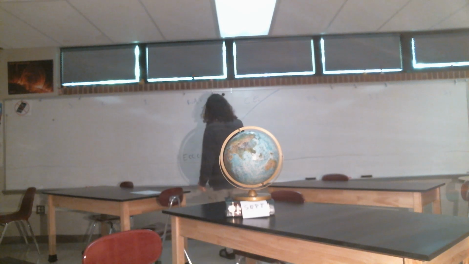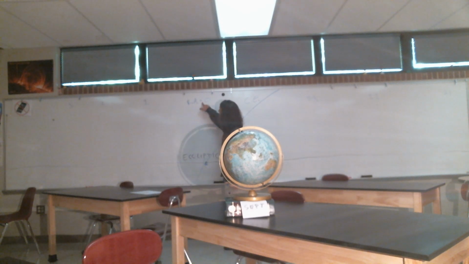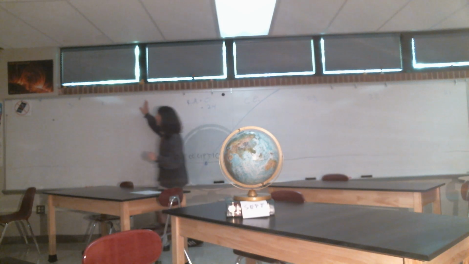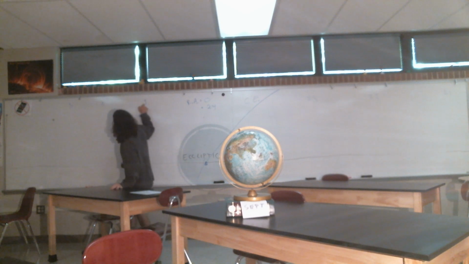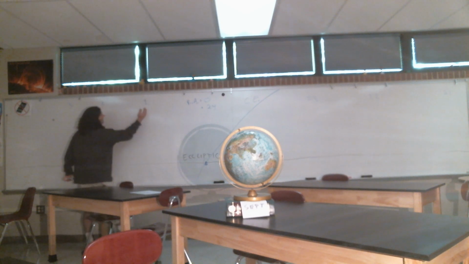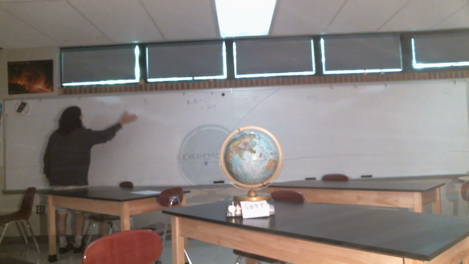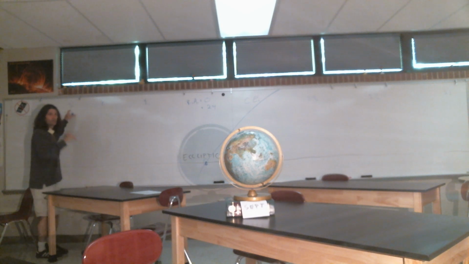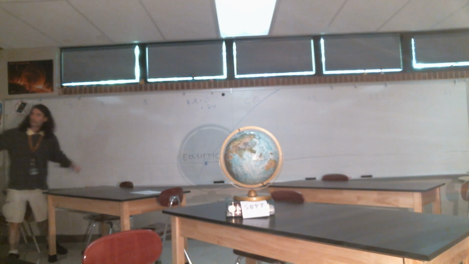Those right ascension numbers I wrote on the whiteboard, and it may be hard to see, but where this intersection is the right ascension is 0, which also corresponds to 24. And then as we go in this direction, we have a right ascension of 1. So this could be the first right ascension number. This is a right ascension 2, 3, and it would keep going all the way around the classroom.